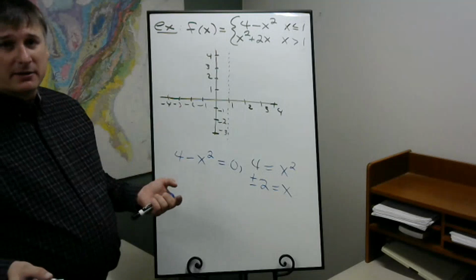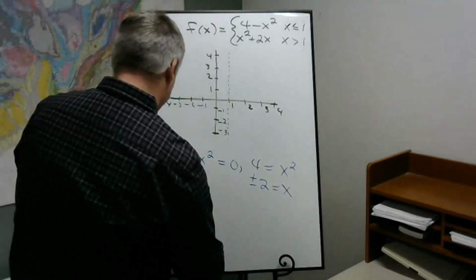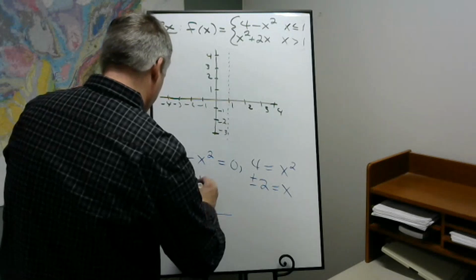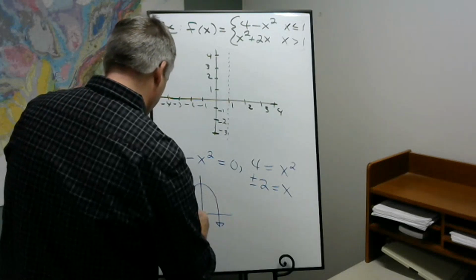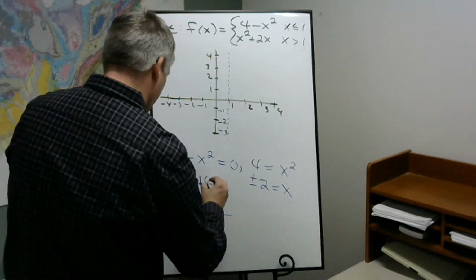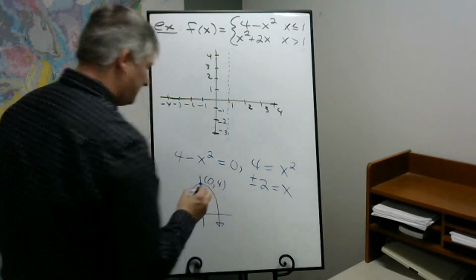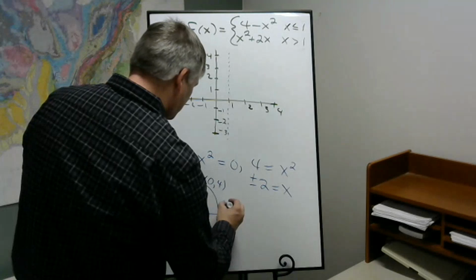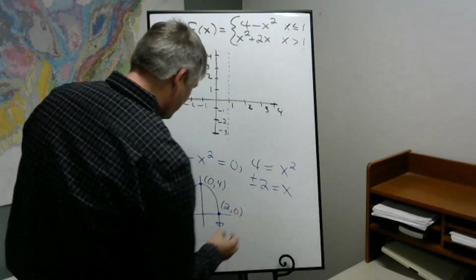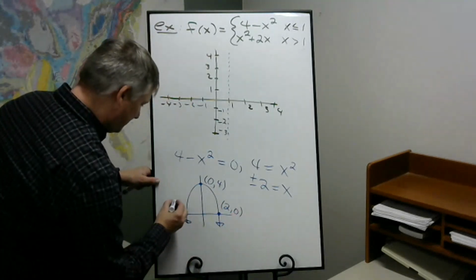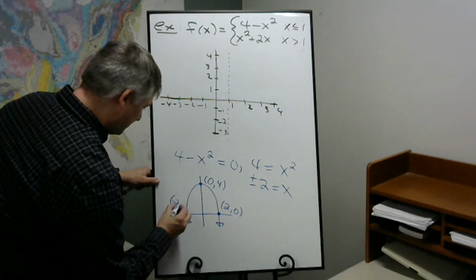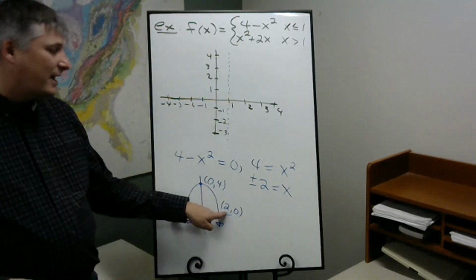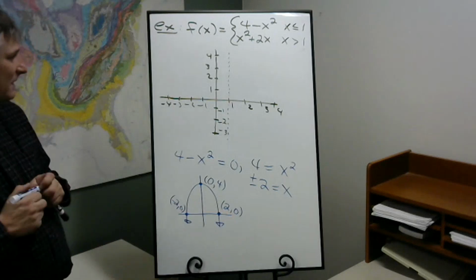So this is what we're going to find out about a parabola. The vertex is going to be 0, 4. Then it crosses the x-axis. And x is negative 2, and x is positive 2.